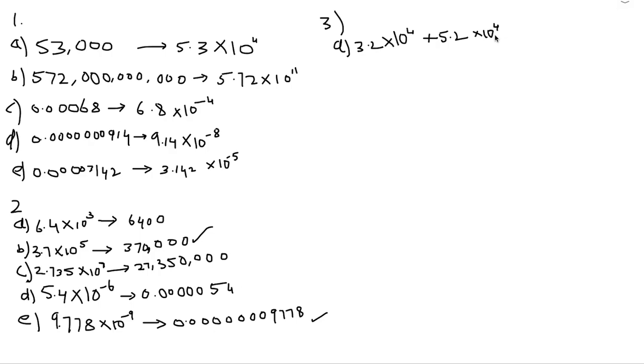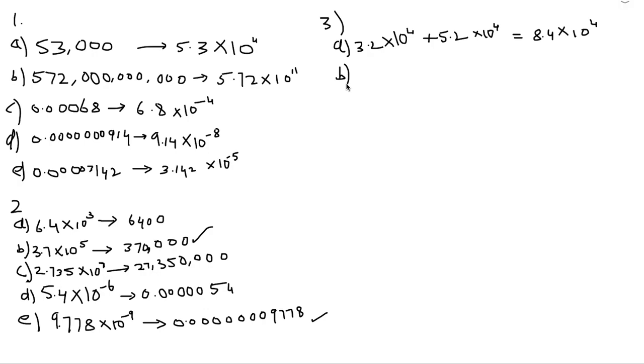Since the power is common, we can take it out and then add just the numbers, without any exponential. So this will become 5.2 plus 3.2 equals 8.4. So 8.4 times 10 to the power 4. This is the right answer.